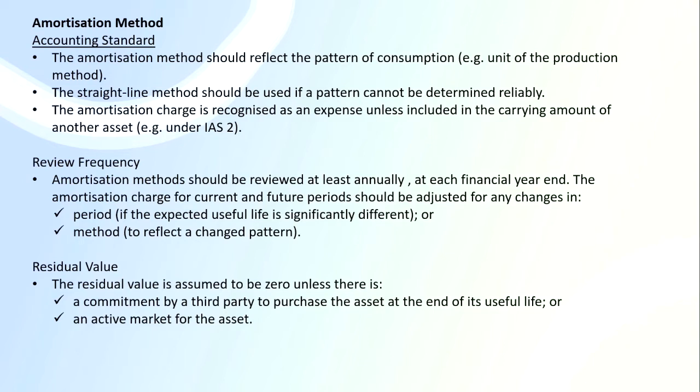It can also be reviewed frequently according to the period of the intangible non-current asset and the method, which is the change of pattern. Which amortization method is used depends on the company, whether you want to use unit of production or straight line method. Residual method, no, only straight line or unit of production.